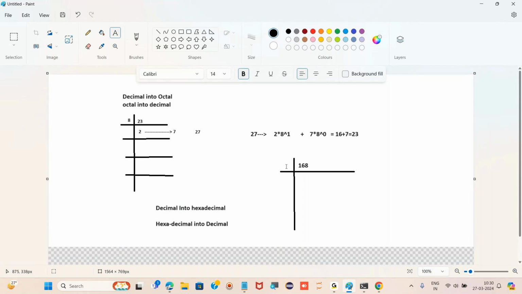And with this, we have to write 16, because 16 is the base of hexadecimal.